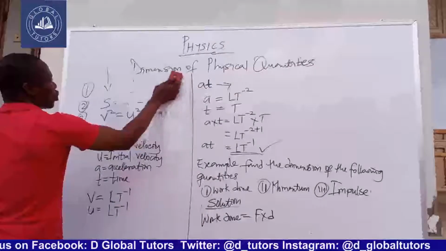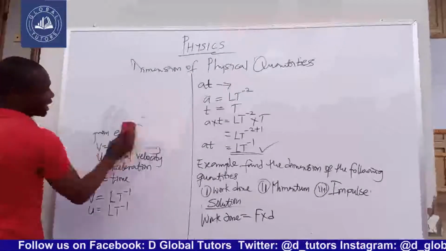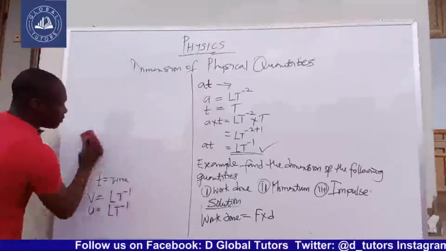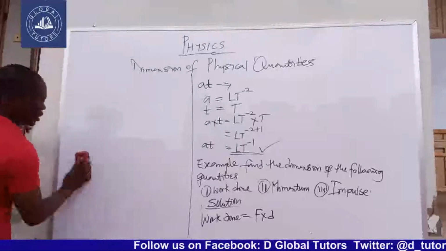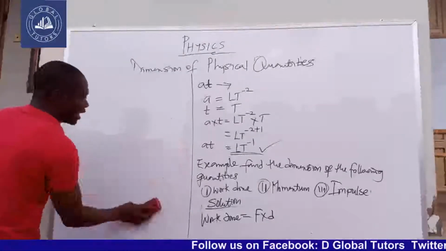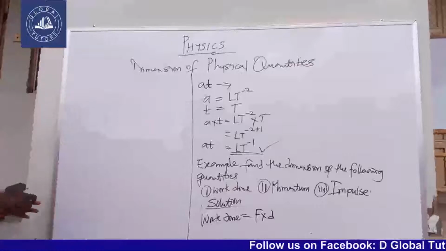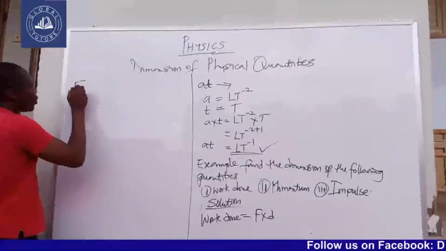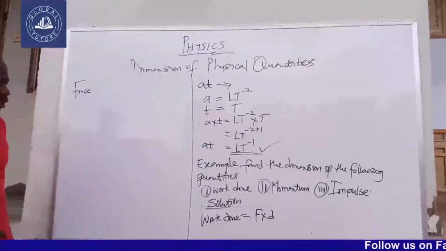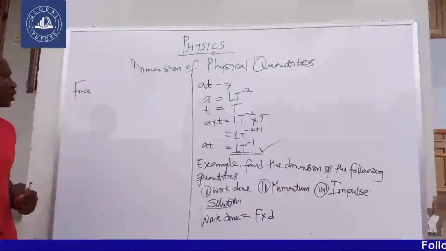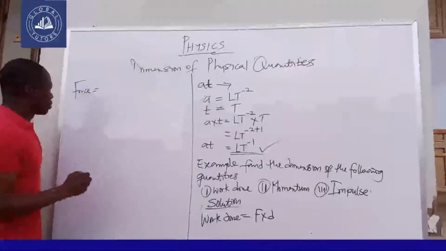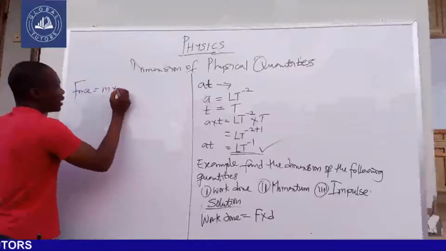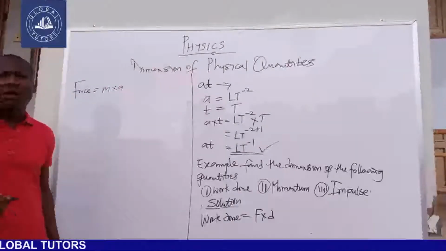Now, from force times distance, we'll derive the dimension of force. Thank goodness that we know the dimension of distance already. Now, force. You now define your force. What is your force? You know that it's the product of mass and acceleration. Mass times acceleration, that is our force.